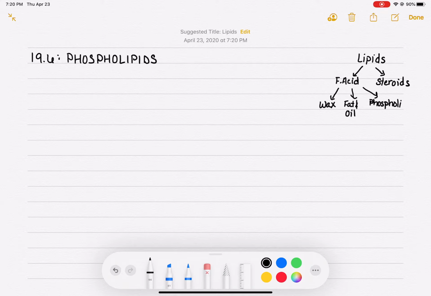So phospholipids are lipids that are composed of or made up of fatty acids. They are hydrolyzable, and they are the components of cell walls. So let's add just some facts about phospholipids.